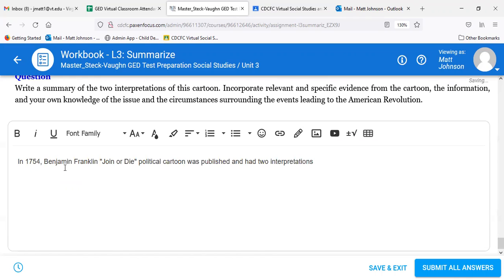All right, first part. What happened in 1754? Benjamin Franklin's Join or Die political cartoon was published and had two interpretations.